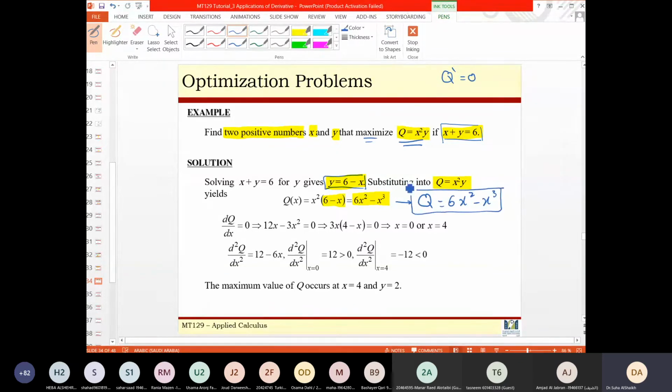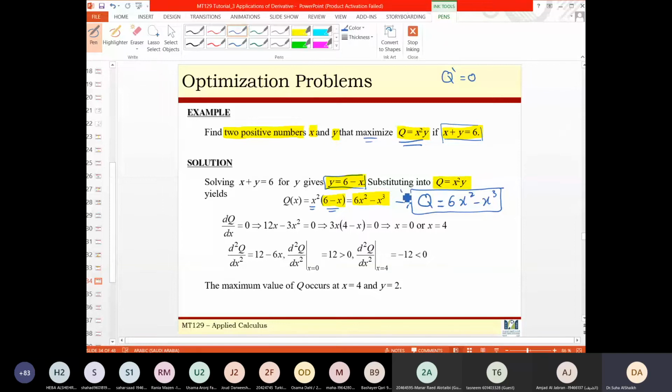Again, if you check the q, the q فيها x وفيها y. I know how to find the derivative if it's only x or if it's only y. الحين I have a mix between x and y. So I use the supportive equation. I use y equal to 6 minus x. أغير y with 6 minus x. So I will get x squared for 6 minus x. This will give you your q. الحين the q has only x.